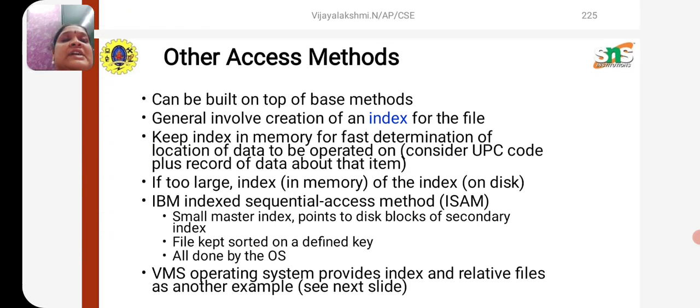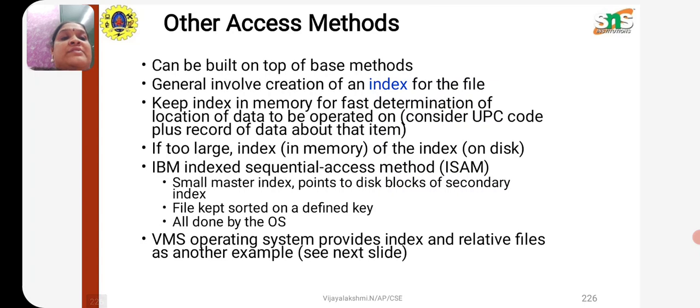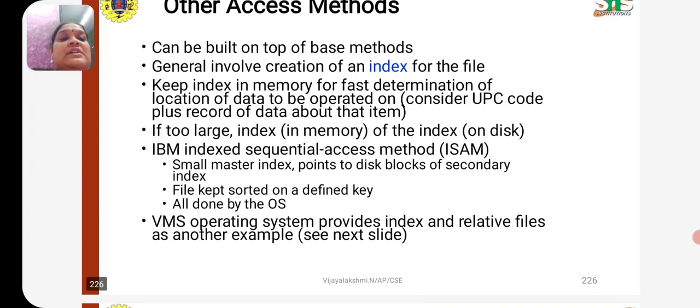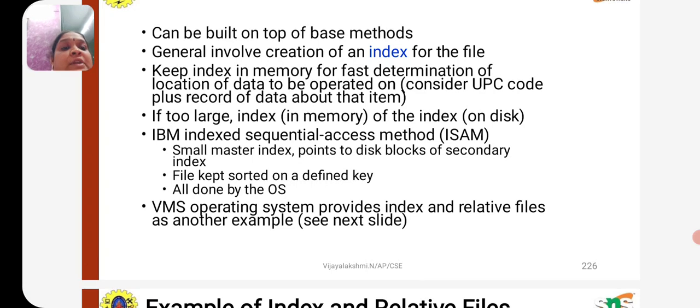Other than sequential access and direct access, we have one more access method called index, which came from sequential and direct. You know how an index will be. In a similar way, for fast determination of locating data, we can keep this index in memory.